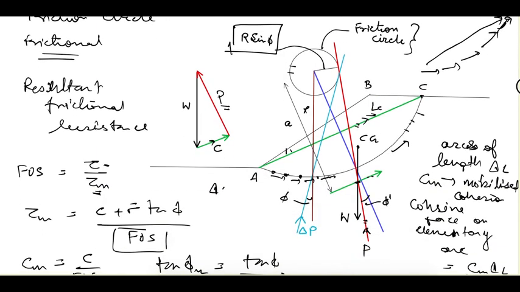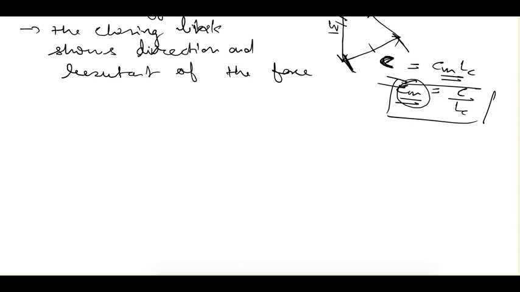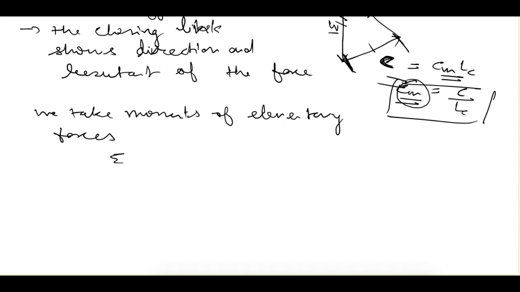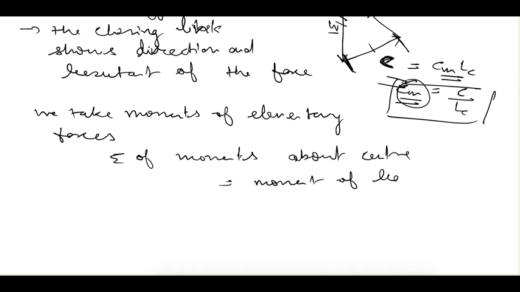So to find out the location, what we do, we take moments of elementary forces. So the sum of moments, sigma of moments of elementary forces about center is equal to moment of resultant force about center.